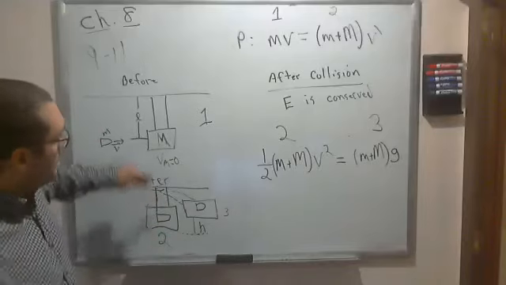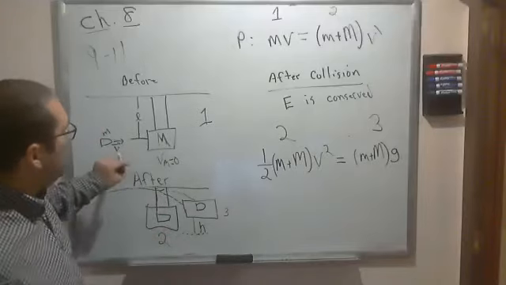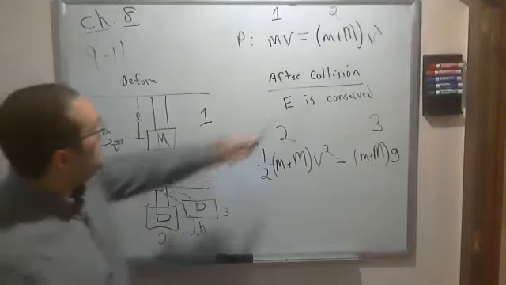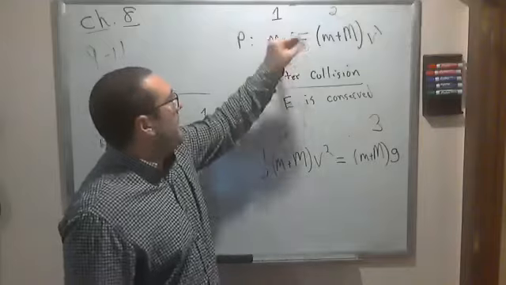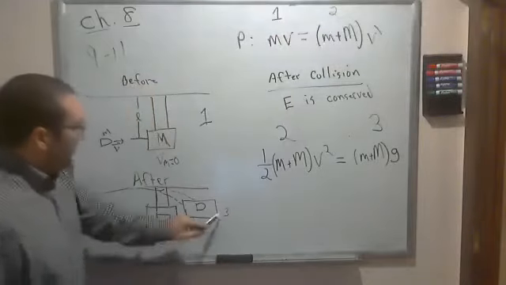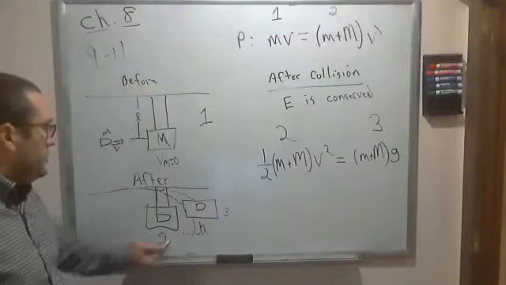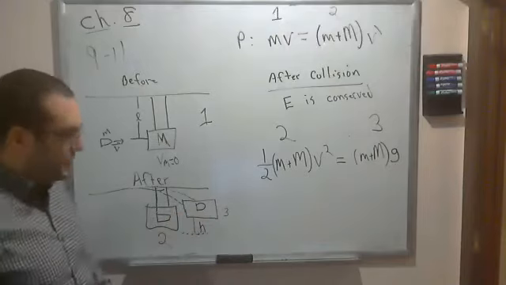To relate the height to the initial velocity of the bullet, we'll relate the before and after momentum and the conservation of energy at these two points.